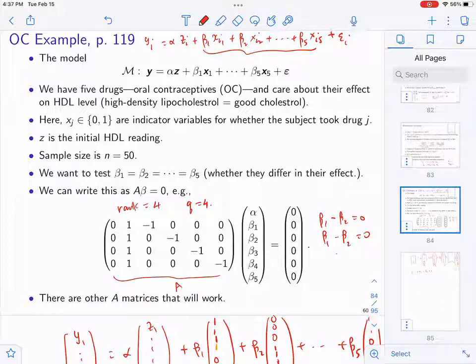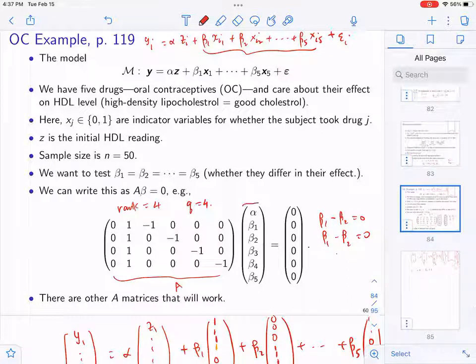I didn't get that. Can you speak a little louder? Smaller rank? What do you mean by smaller? The rank just depends on your constraints. We have 6 variables, and I have these constraints on these variables, which correspond to 4 linearly independent constraints.